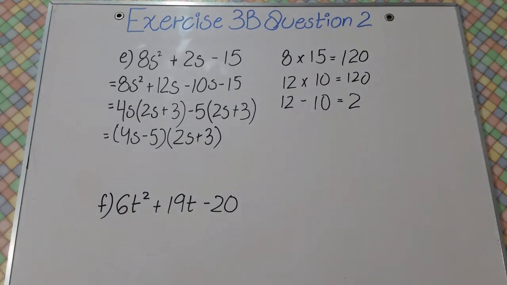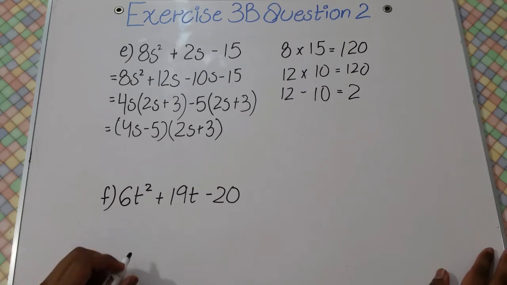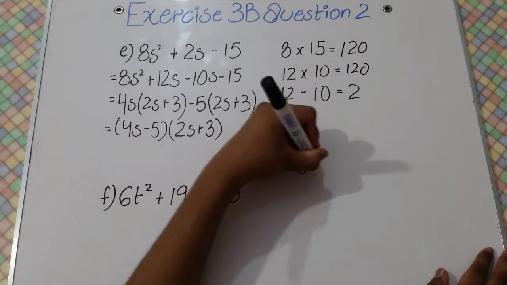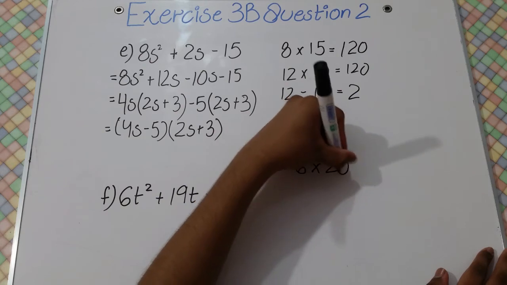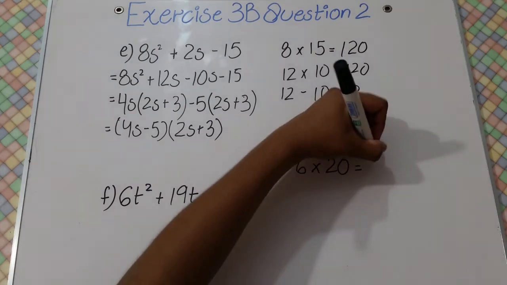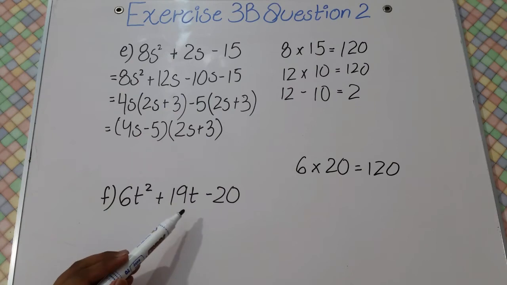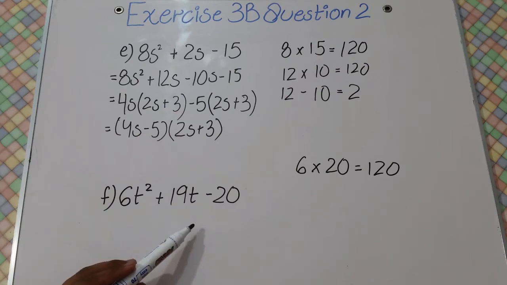Okay, now for part F, I'm going to multiply 6 with 20. So 6 multiplied by 20 equals 120 again. So now we need to find a middle term. By add or subtract we get 19.